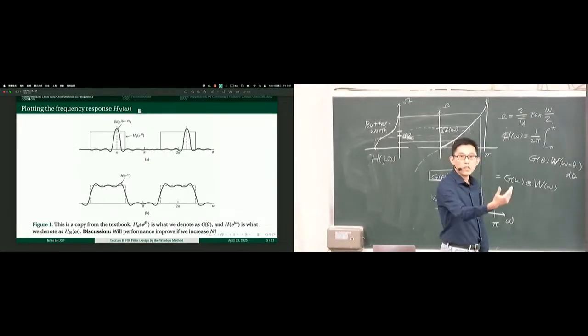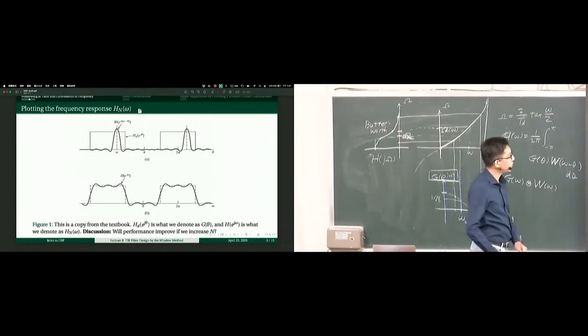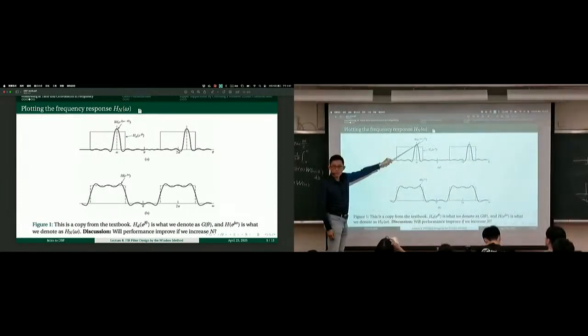The integral is the area below the curve. So we are going to evaluate the area of W now flipped. We flip W, which turns out to be the same thing because W is also symmetric in the frequency domain. Now flip W and multiply it with H.